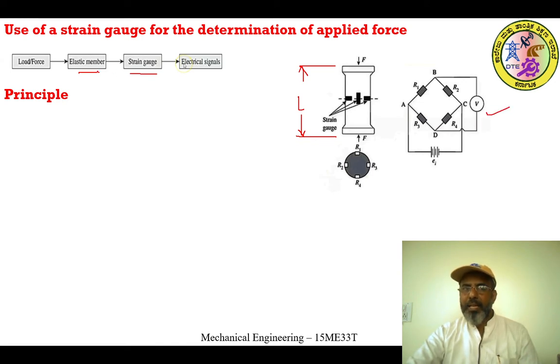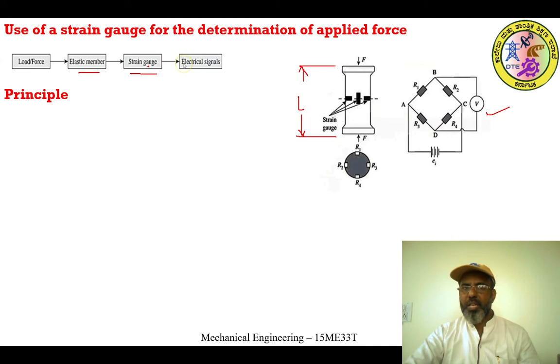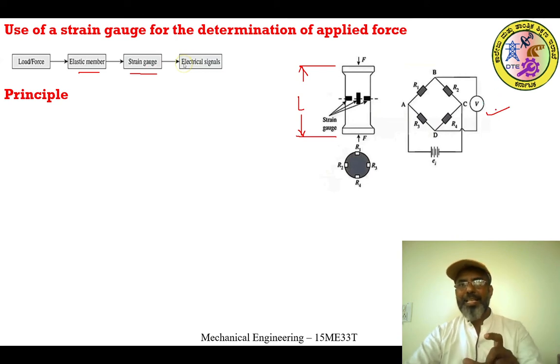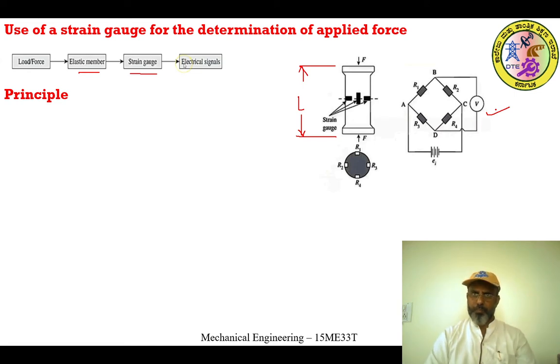Here the output of the elastic member in terms of deformation acts as a primary transducer, and the strain gauge, which gives the output in terms of voltage, acts as a secondary transducer. Therefore, the strain gauge type load cell is an example of a secondary transducer.